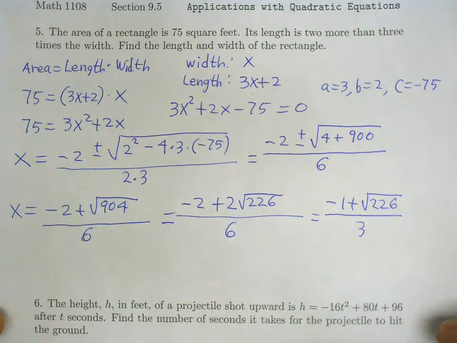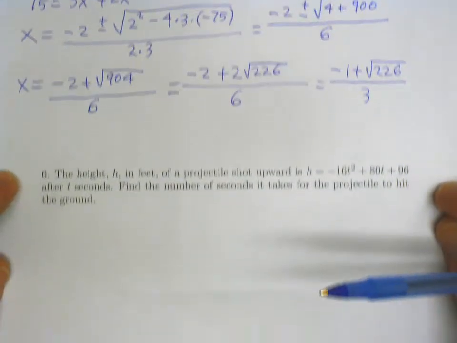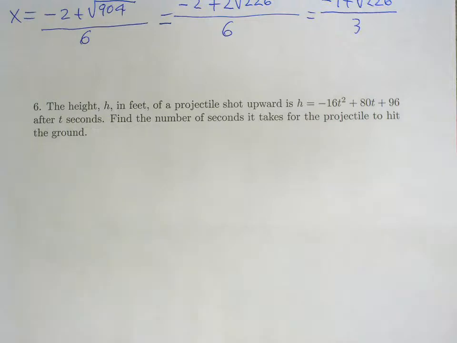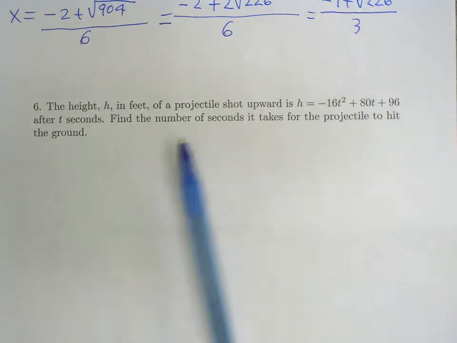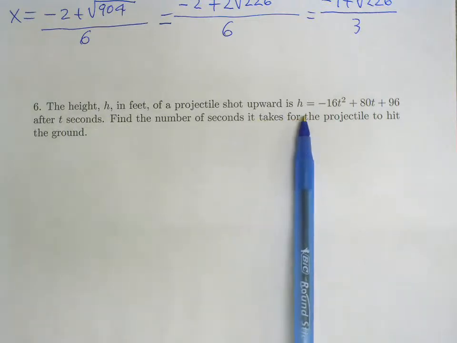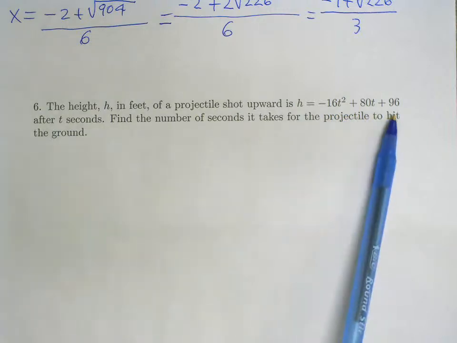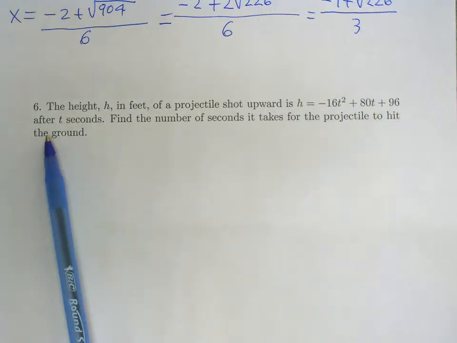Okay, the next problem, number 6. The height h in feet of a projectile shot upward is h equals -16t to the second plus 80t plus 96 after t seconds.